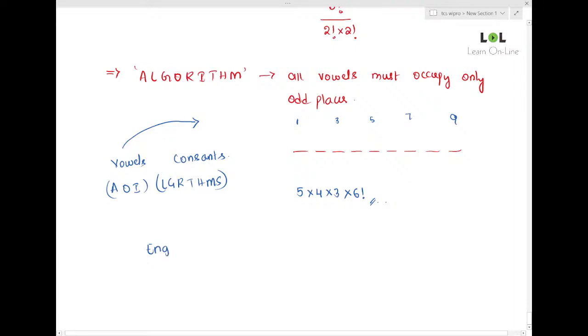Let us see. If it is for the word engineering, what do we have first? We'll take 11 places. How many odd places are there? 1, 3, 5, 7, 9, 11. How many odd places are there this time?